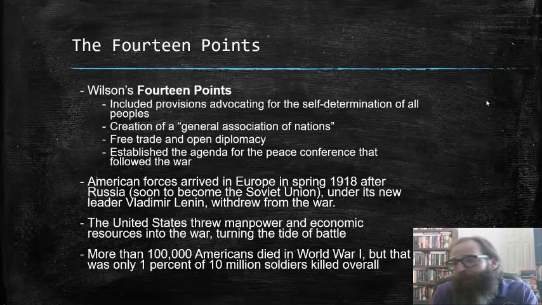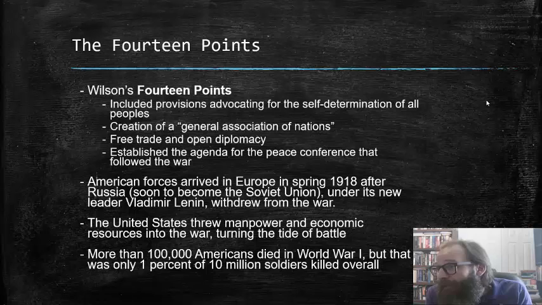Now, despite America having declared war in early 1917, it was still quite a long road for America to mobilize the manpower and resources it needed to actually physically enter the war. And it did not do so until the spring of 1918. And by that time, the country of Russia had faced its own internal revolution, a communist revolution.